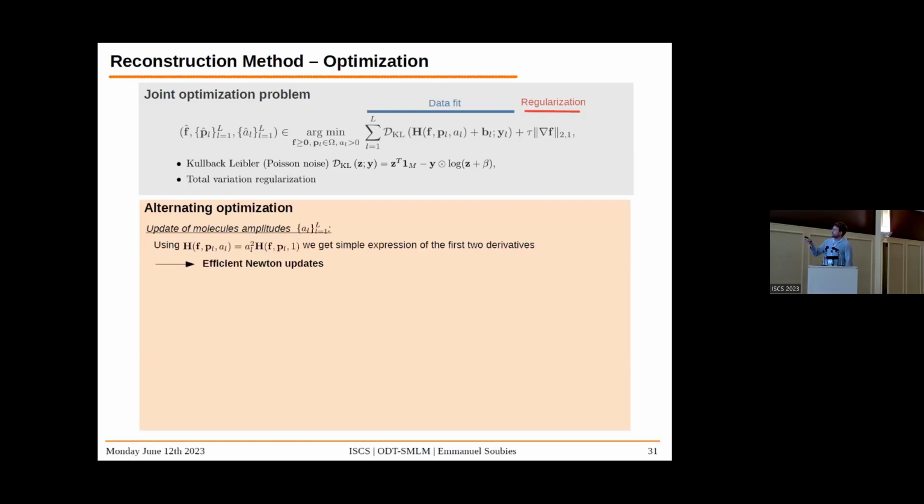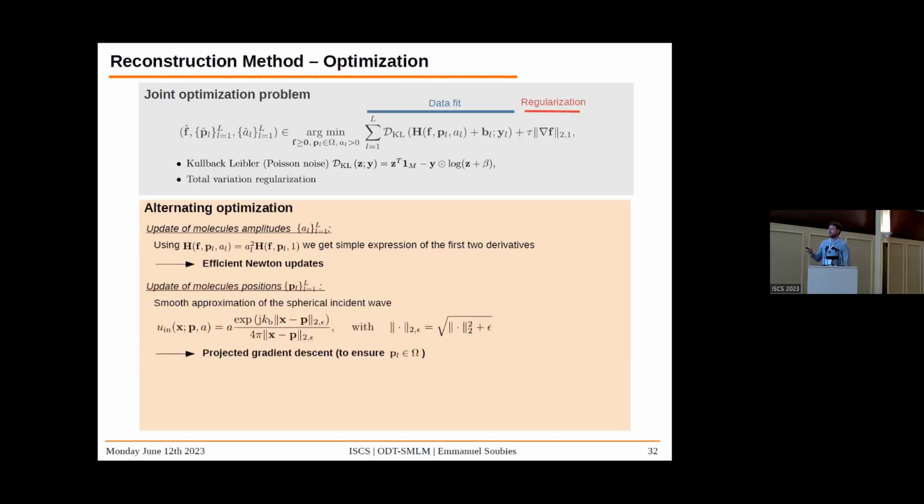For the estimation of the amplitude, we can use the fact that when we change the amplitude, we can write it in this way. So we will have a simple expression of the first and second derivative, and we can derive an efficient Newton update.